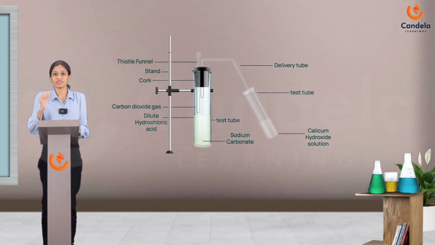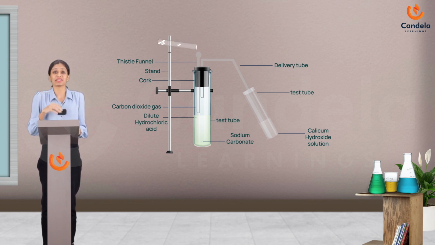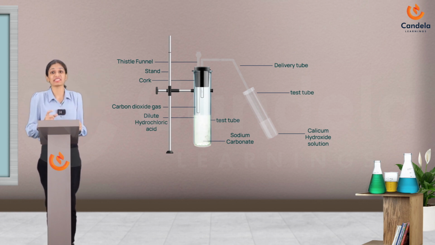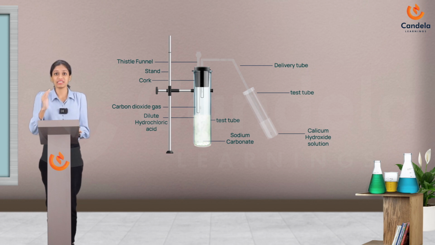After setting up, you need to add sodium carbonate crystals to the test tube. You will see a colorless gas evolved with so much effervescence. The gas formed is passed through lime water taken in another test tube. The lime water turns milky white, showing that the gas evolved here is carbon dioxide.